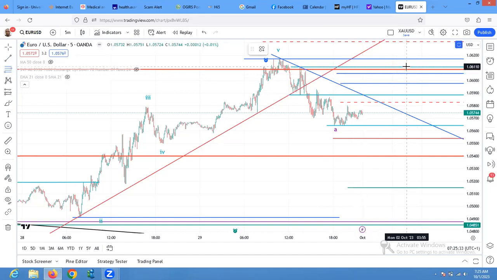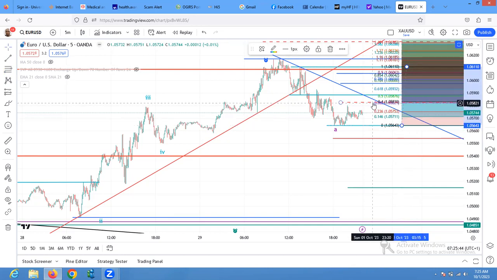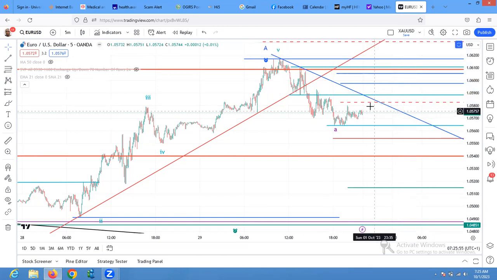So now if we take this as the end of 2 of this A wave of B, and we come here, we say 38, this is where 38 is, to make it a fourth wave. Once we break out of here and even break out of here 50, then we are done. So we are done with that wave. So we are waiting.